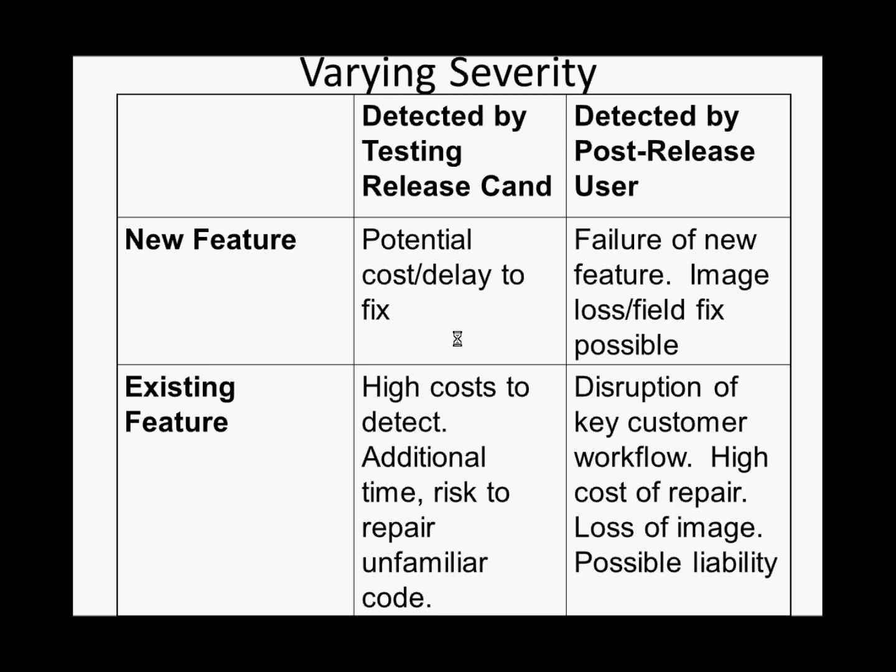And typically there's a high cost of repair, disruption of key customer workflow while it's still unfixed, loss of image, possible liability. You are getting in the way of their work. By contrast, if it's a new feature that just doesn't work, well, it's a little bit embarrassing, but they're not already counting on it, right? They're not building their company around the ability to use this, as they would be with an existing feature.